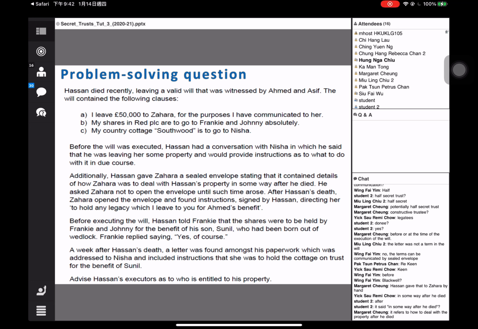Okay, and that's a little unclear from the facts. We don't know when the actual envelope was handed over. So it's something we can talk about. And if he handed over the envelope after the execution of the will, then the trust would fail.